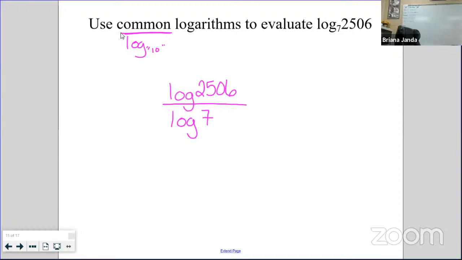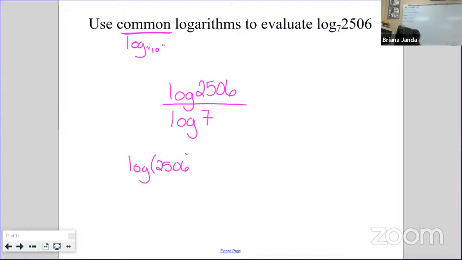Now, just a little calculator note, grab your calculators. When you go to type this in, you need to locate your log button. If you're looking at a graphing calculator, mine is on the left-hand side, 4th button up. It will probably be in a different location if you're looking at a scientific calculator, but let's locate our log button. When I hit that, it will give me a parenthesis.